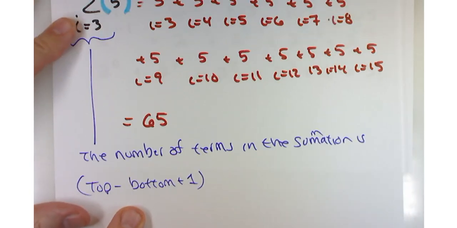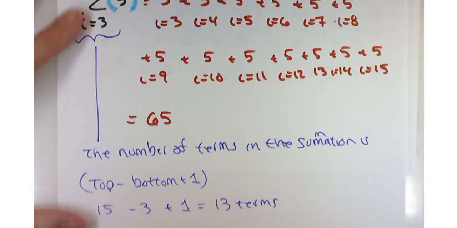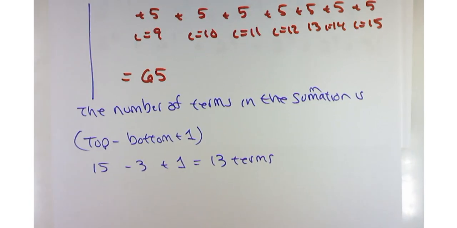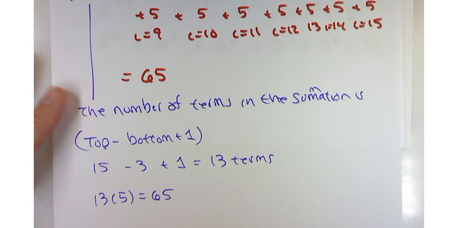So in our case, it's going to be 15 minus 3 plus 1 equals 13 terms. And now that you know you have 13 terms, you can say, okay, well, it's going to be 13 times 5 gives me 65. That's the summation of this expression.